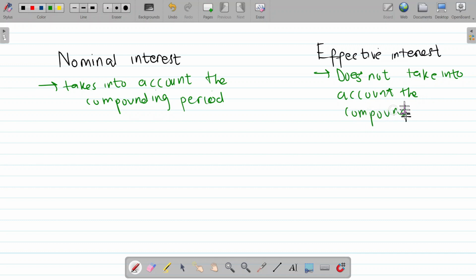It doesn't care whether interest is earned monthly, quarterly, or semi-annually. The effective interest does not care, while on the other hand, the nominal cares.